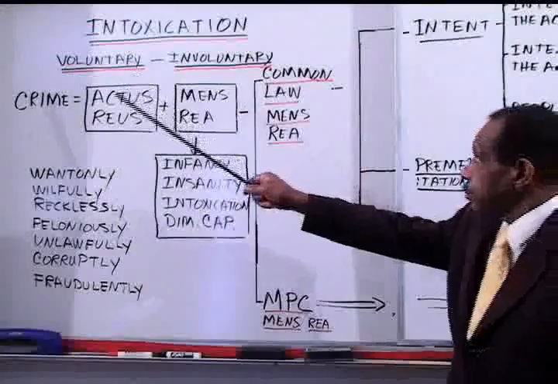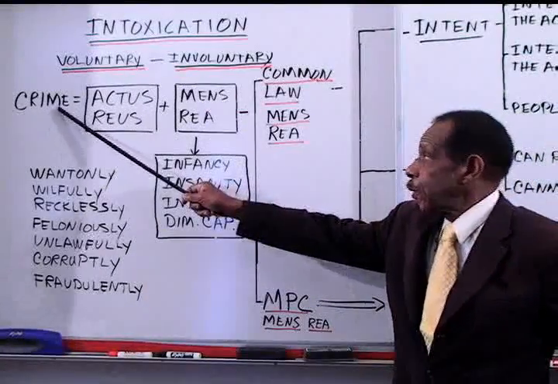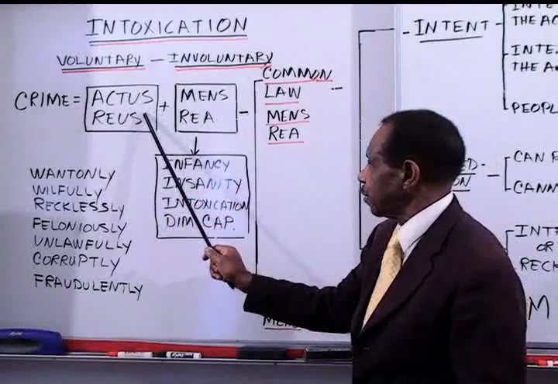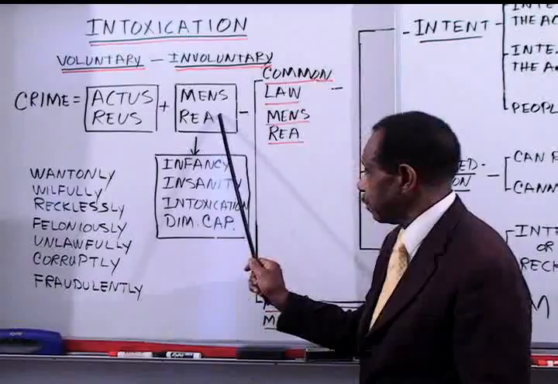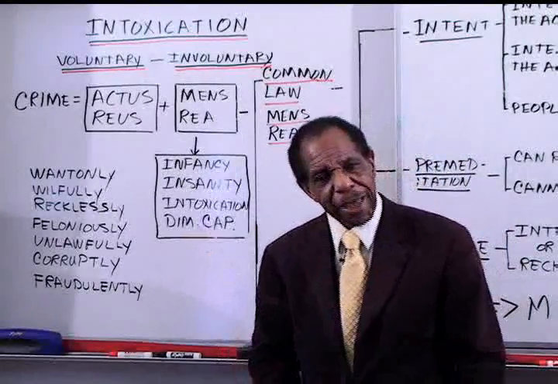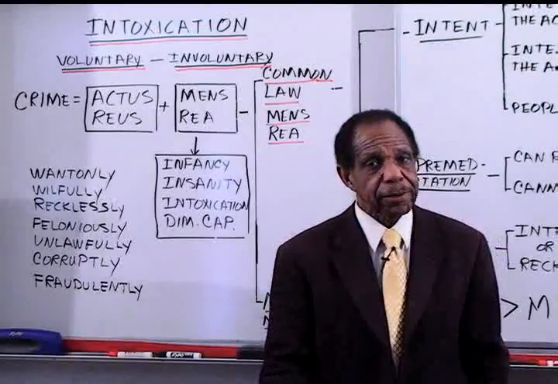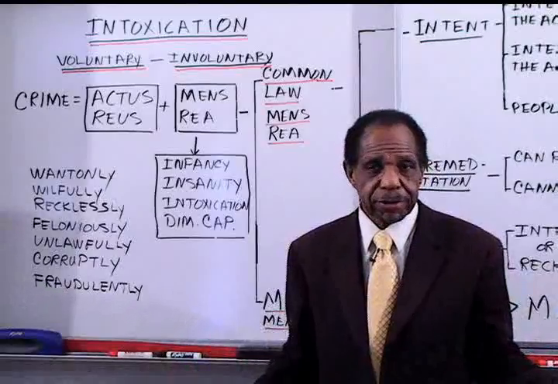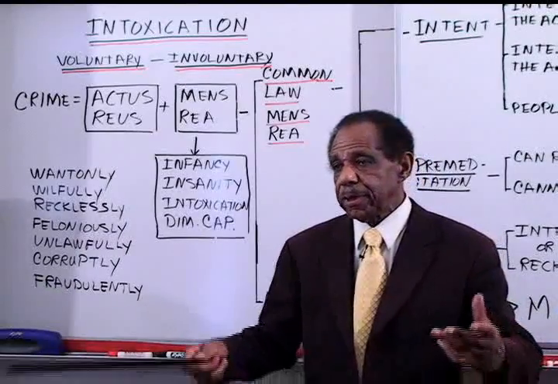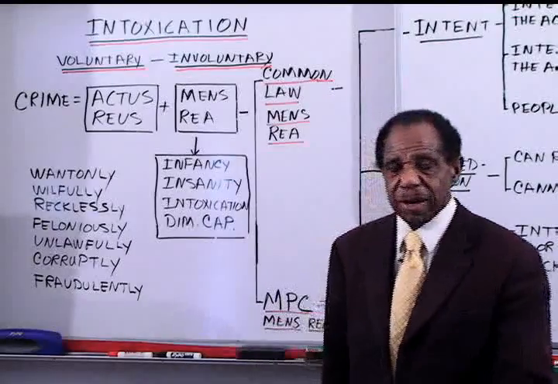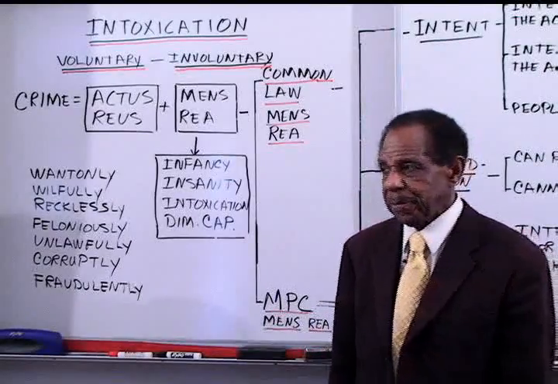First of all, we all understand that a crime requires an actus reus and a mens rea. And we know that if the actus reus of a crime did not occur, it really doesn't matter why it didn't occur. If there's no actus reus, the crime simply wasn't committed, no matter what the reason for it may be.